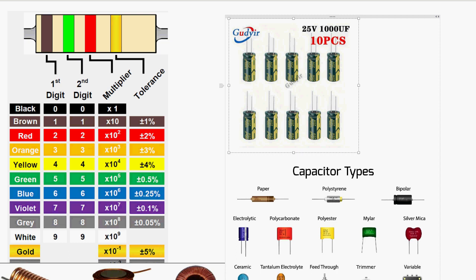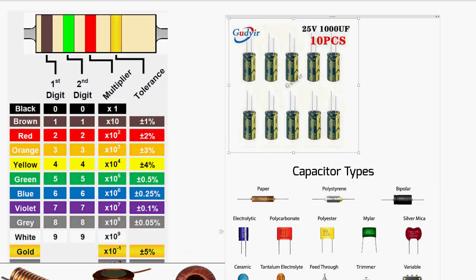Most capacitors have over 5 volts, so no problem using them in the circuit. And there are other kinds of capacitors, such as paper type, polystyrene, bipolar, and those are all no polarity. You can use either way. This has a polarity. Okay, polarity is indicated when one lead is longer. If the leads are the same length, it's pretty much no polarity.